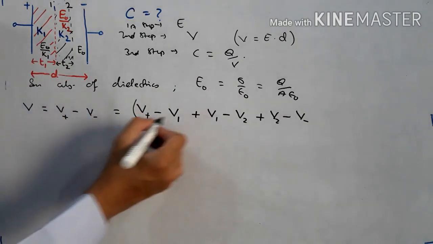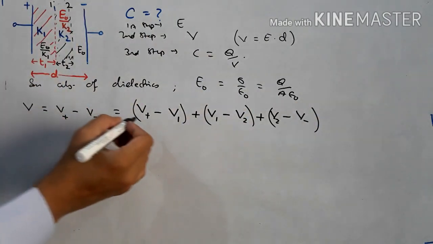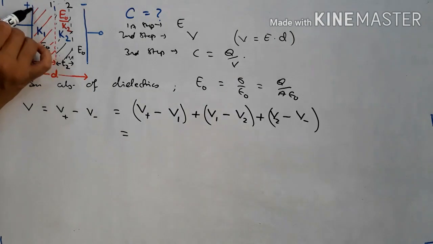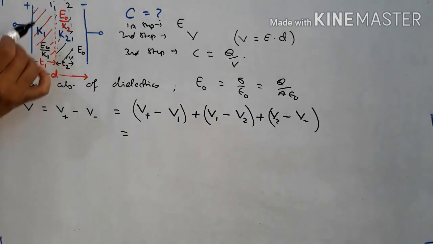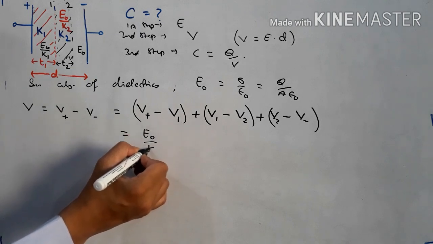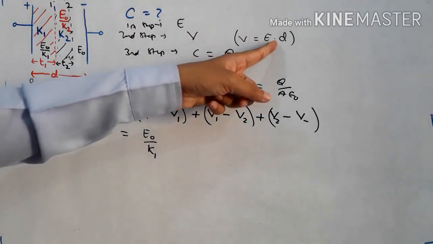Now I will segregate these three terms. What is our V plus minus V1? This is the potential difference between these 2 points. Between these 2 points, what is the electric field? It is this much. So we will write E naught by K1. Remember, how do we find potential difference? Electric field multiplied by the distance.